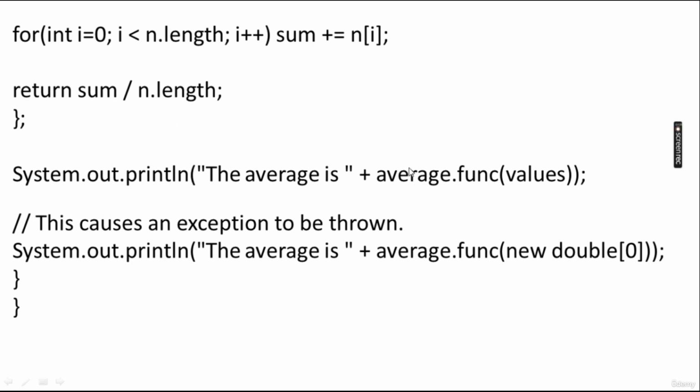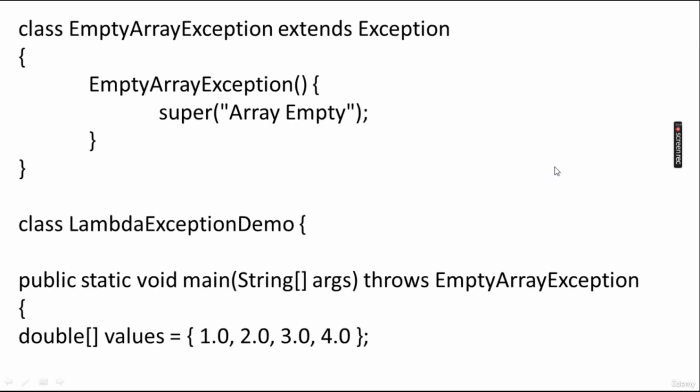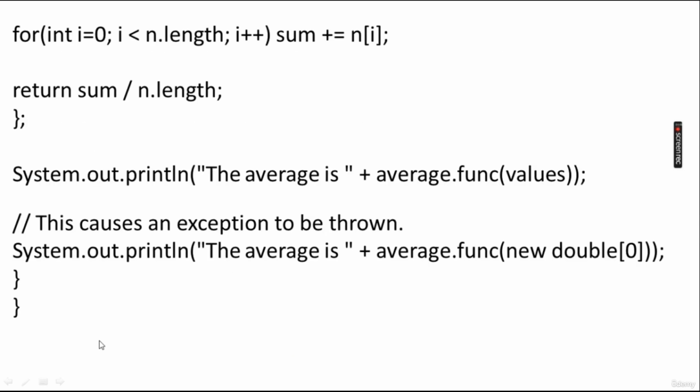Okay, and here we are passing the values. So where we have declared the values 1.0, 2.0, 3.0, 4.0 as an array, right? Next, the average, this will create the average of 1.0, 2.0, 3.0, 4.0.